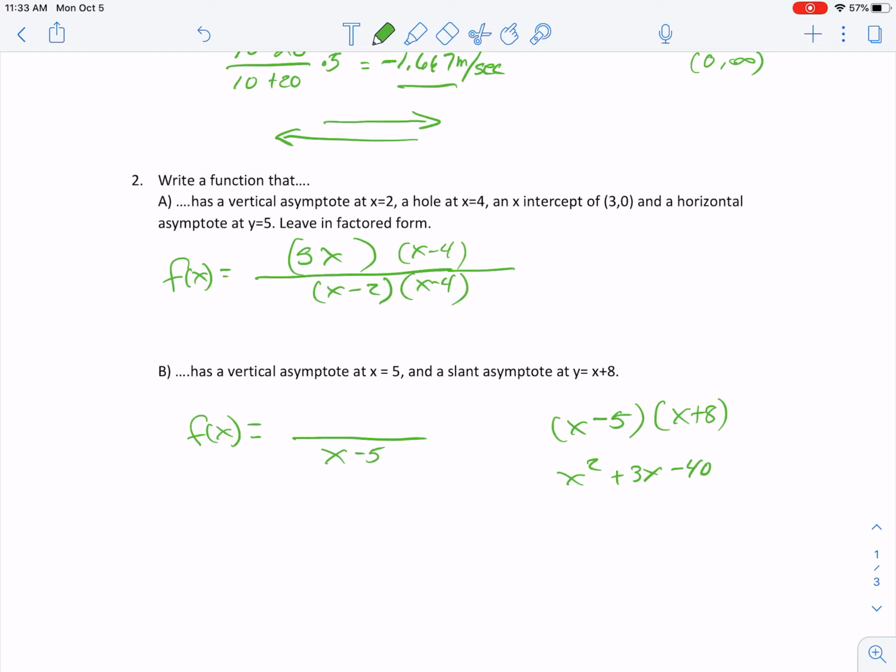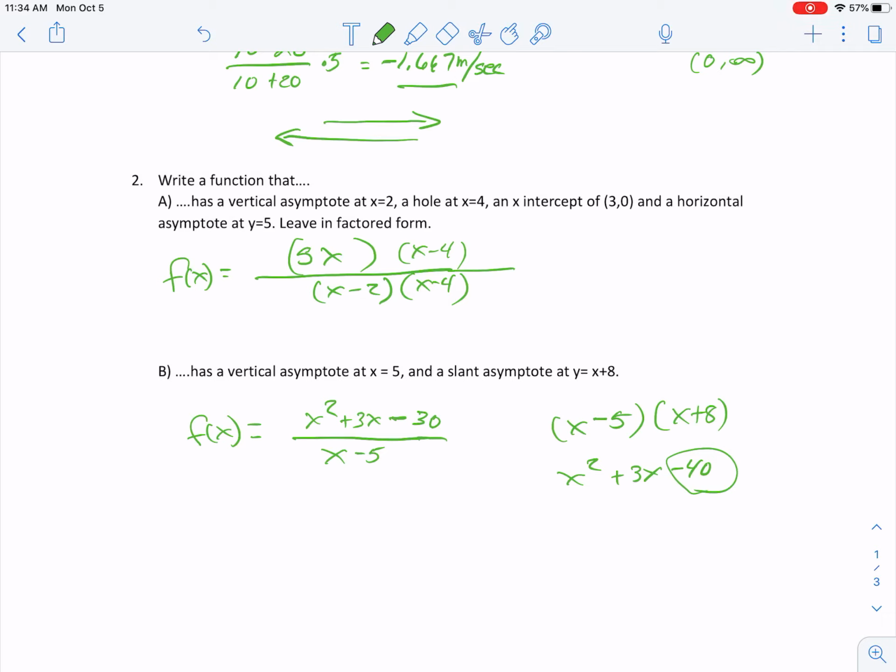Because if I divide the bottom into the top, it's going to go in evenly, and I'm going to have a hole. So what I need to do is change this value so that it doesn't go in evenly, and I'm going to have a remainder, and then I'll have a slant asymptote.